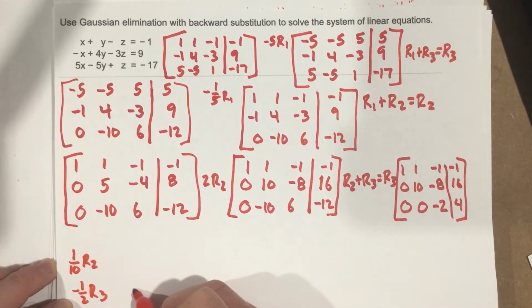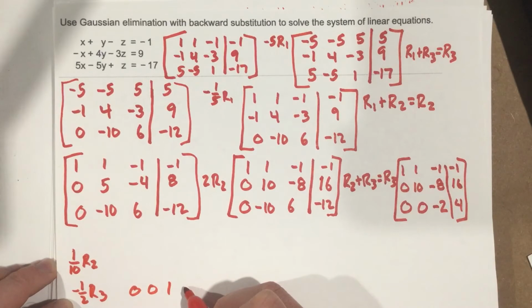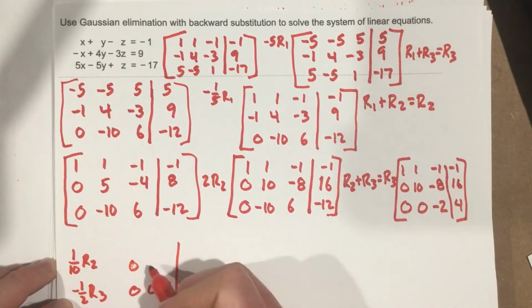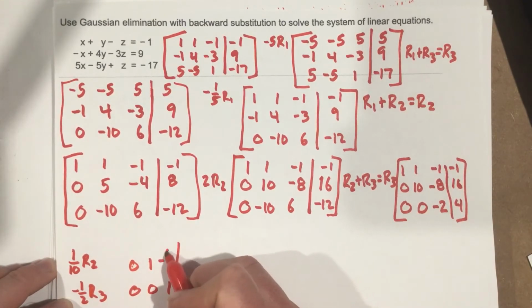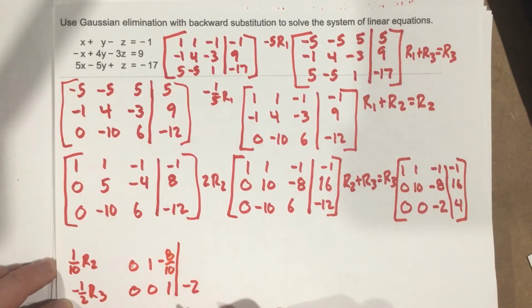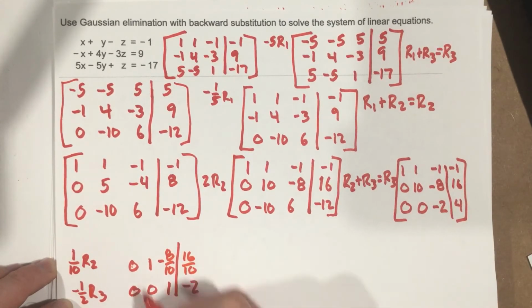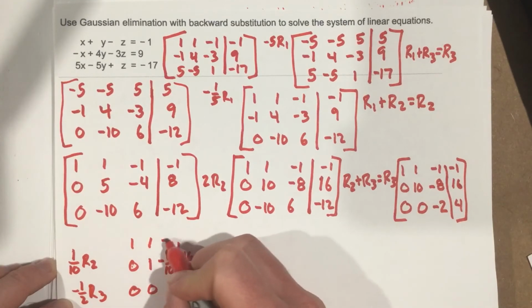So on the bottom we get 0, 0, 1, negative 2. Middle row we get 0, 1, negative 8 over 10, and then 16 over 10. And at the top we still have 1, 1, negative 1, negative 1.